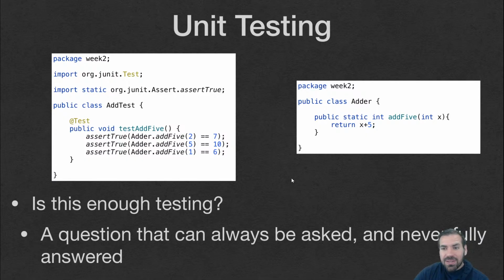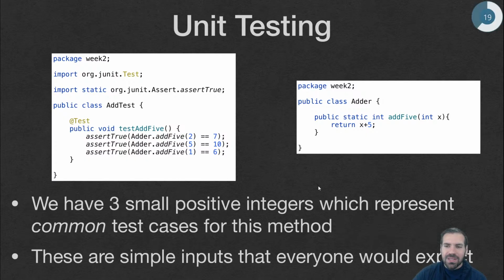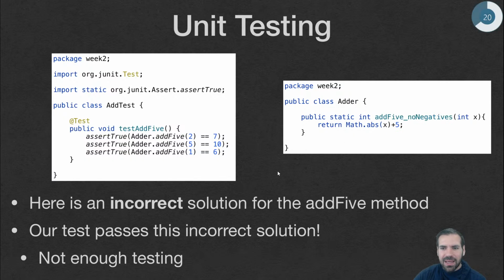And whatever your answer is, I really hope that you look at this test and say, I don't know what enough is, I'm still figuring it out, but that one is not enough. This is not enough testing. This is horrible testing because someone's going to write an implementation of add5 that's going to look like this, because sometimes some people like to get too smart for their own good.